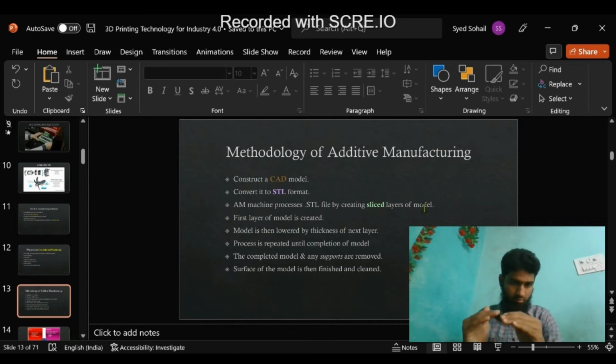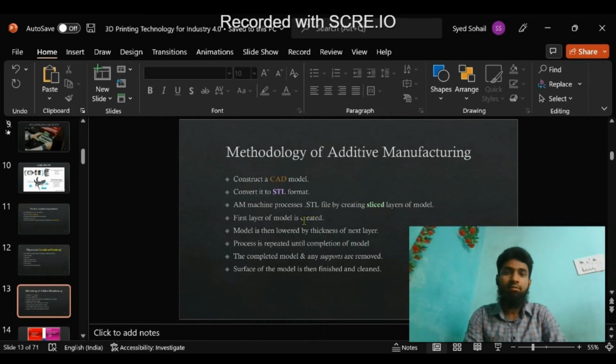It tessellates it into triangles, in technical terms. One solid object is converted into small pieces so that the printer can understand what data is at each layer, where to solidify or melt at the different cross sections. The STL file will have the data in terms of the sliced layers.